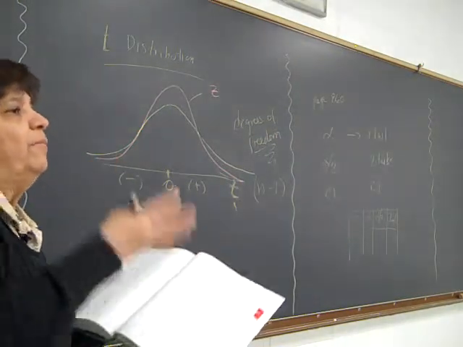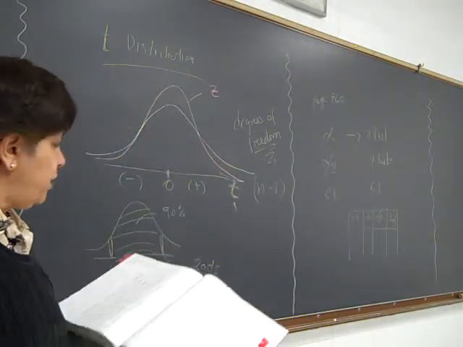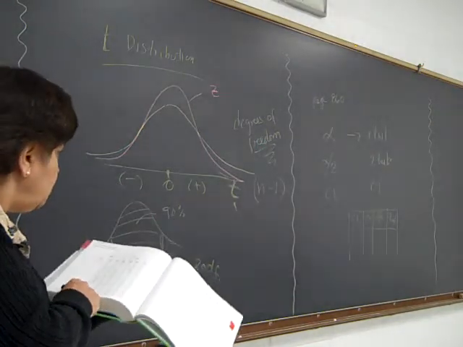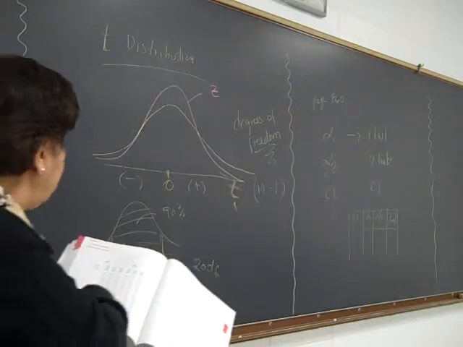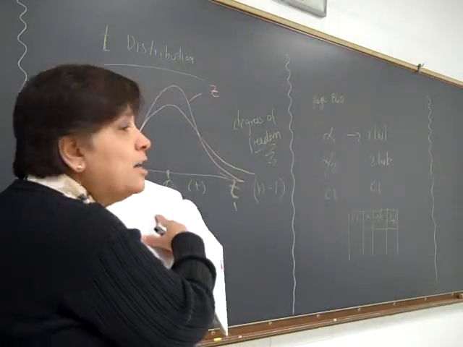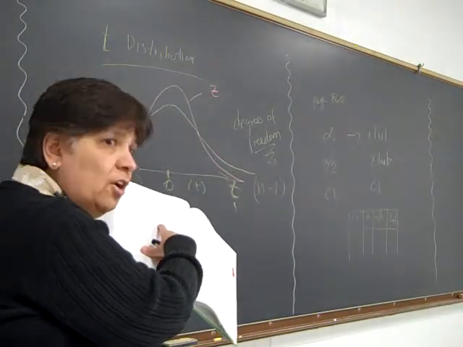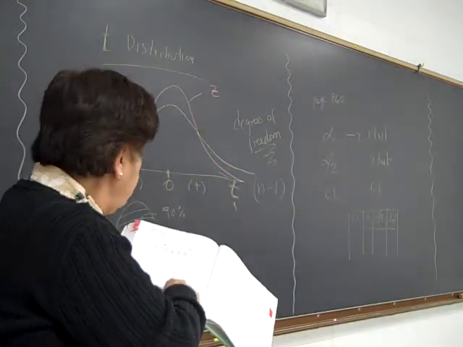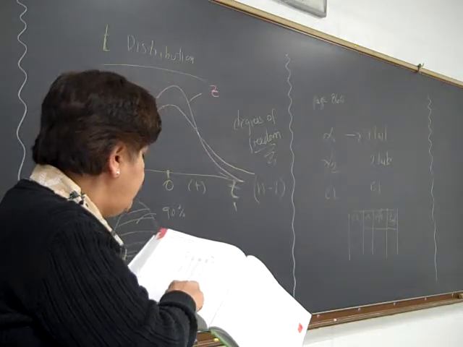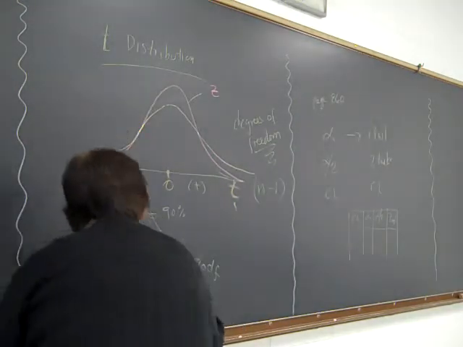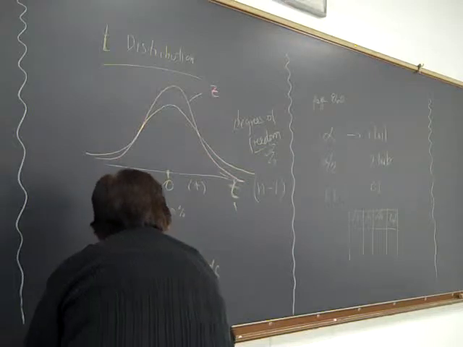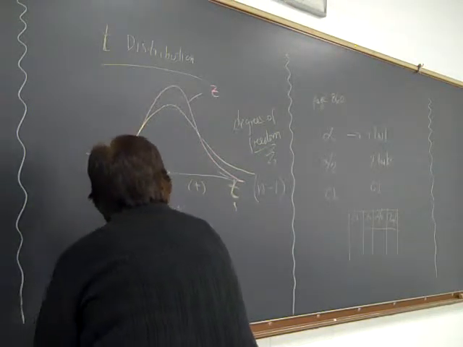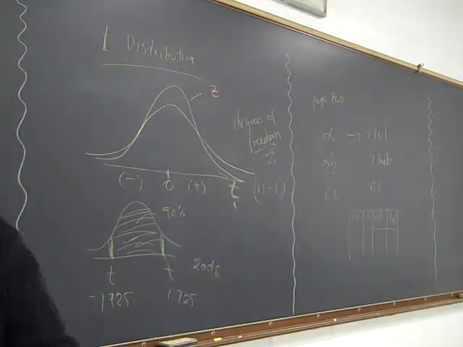Look, the 20 degrees of freedom is right here. Go to the 90% confidence level, and then go down and you're going to see that 1.725 and negative 1.725 are the values that establish this.